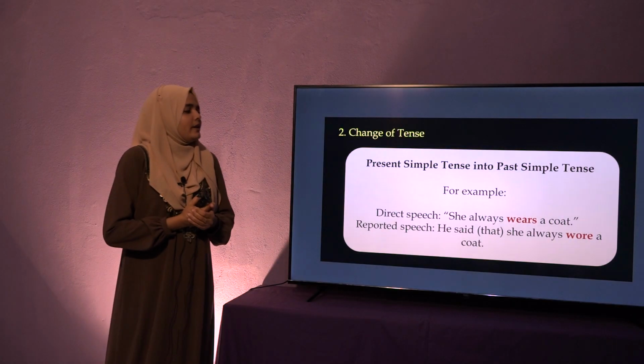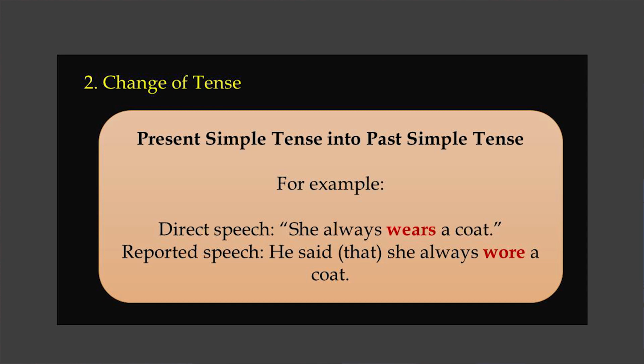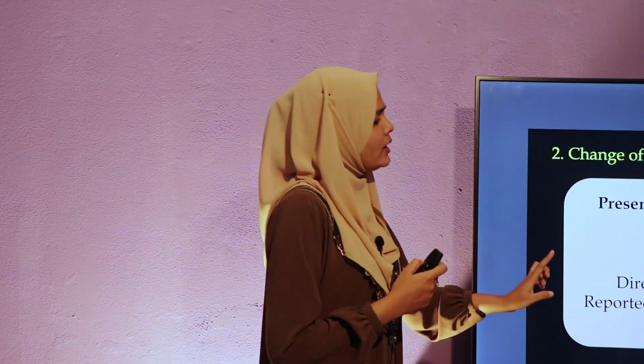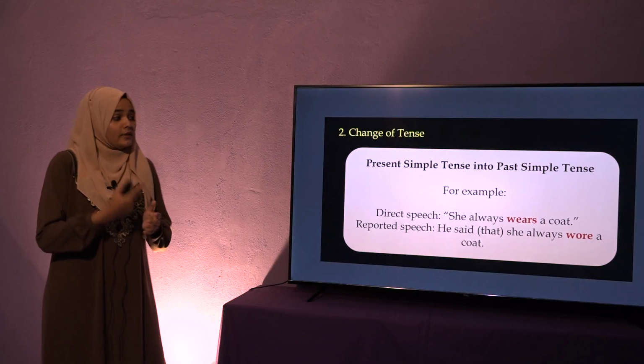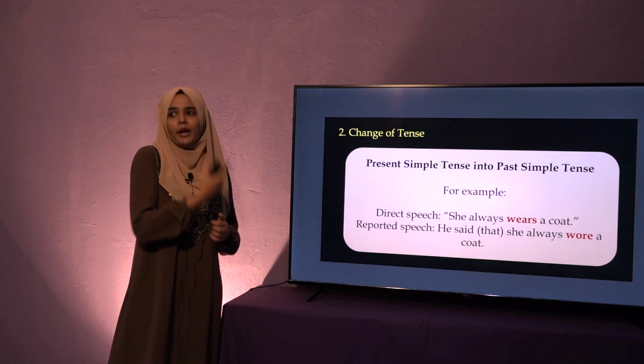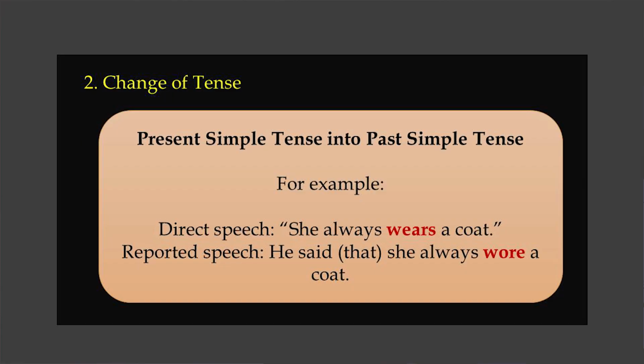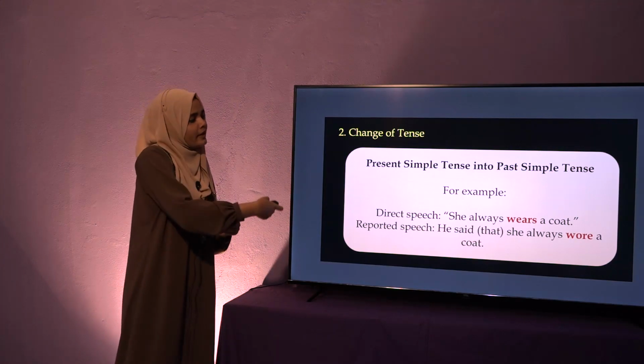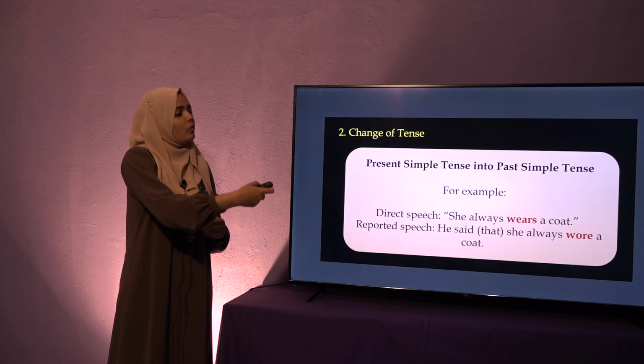For example, here it says she always wears a coat. The main verb here is wears. When we convert it to reported speech, the main verb has changed. He said that she always wore a coat. So the verb wears has changed to wore.